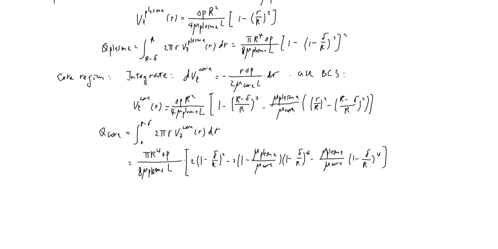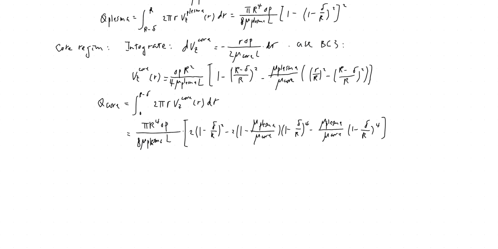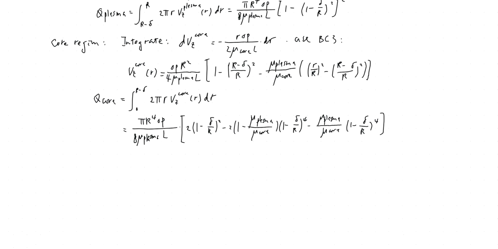And now if you are asking, okay, now we have the volumetric flow rate across each region, then what is the total volumetric flow rate across the entire cross-sectional area of the vessel? That is what we needed to find, because that's what we are going to solve for the effective or apparent viscosity. The total Q is Q plasma plus Q core. So you just add up these two together, and again, you just need some patience. It's not hard, you just work it out.